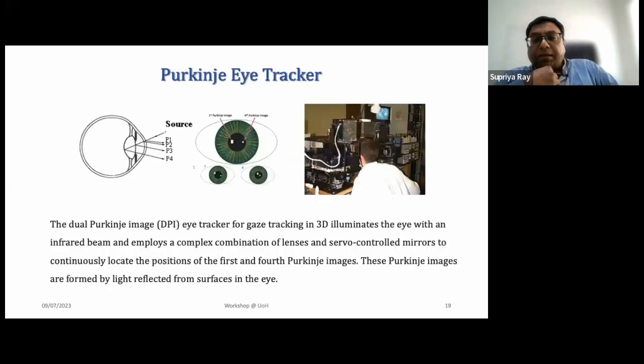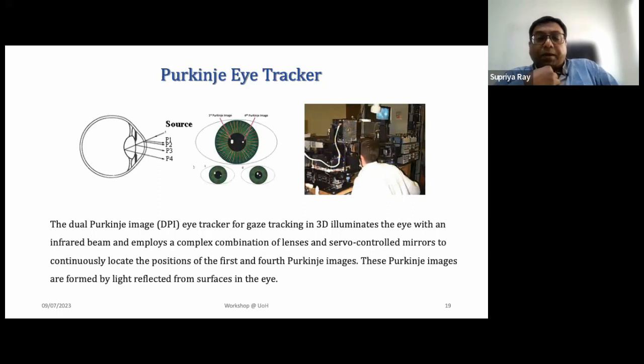Another technique that people used in the early days is the Purkinje eye tracker. So when we illuminate the eyes using a source of light, there will be four reflections. It's called the Purkinje image. It's like a reflection, as you can see in the middle panel.